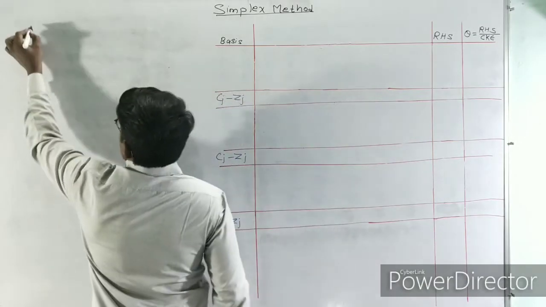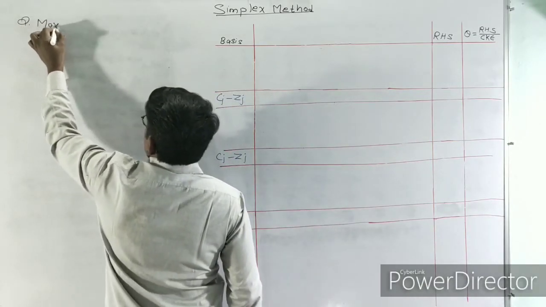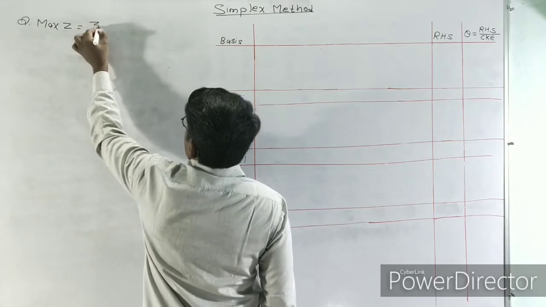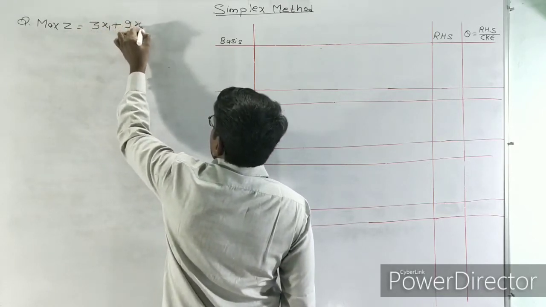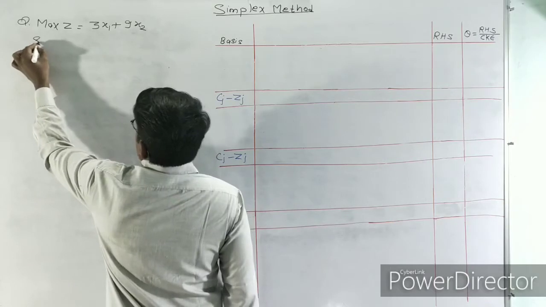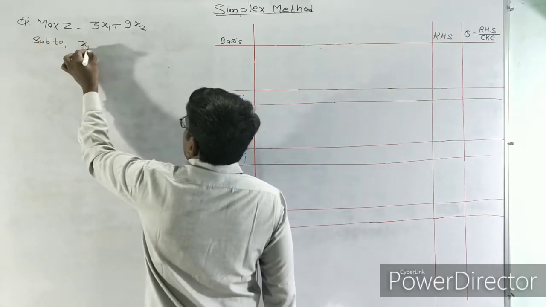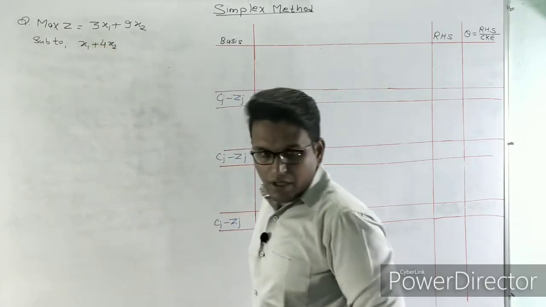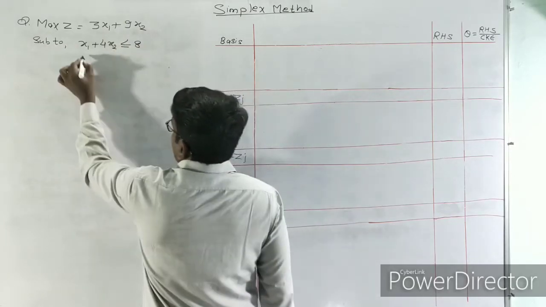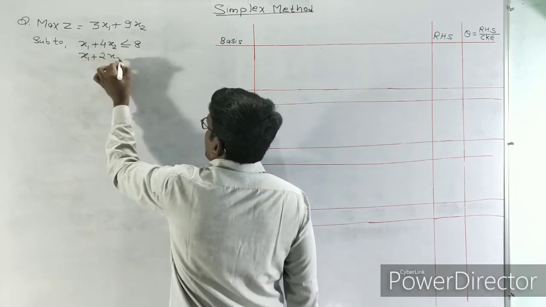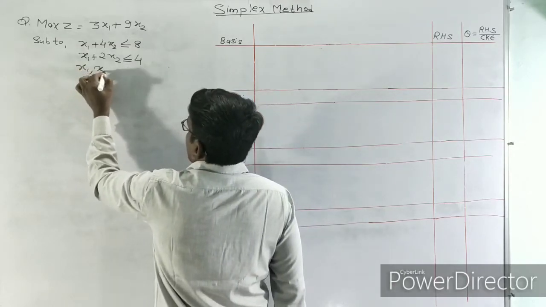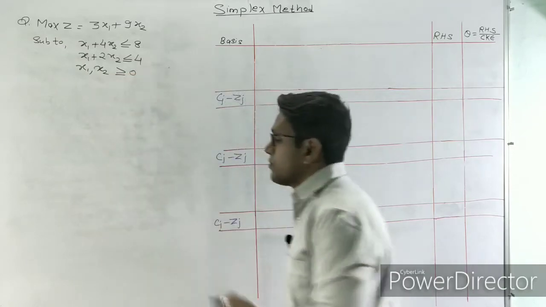The problem says: maximize z equals 3x1 plus 9x2, subject to constraints x1 plus 4x2 less than or equal to 8, and x1 plus 2x2 less than or equal to 4, and x1, x2 greater than or equal to 0.